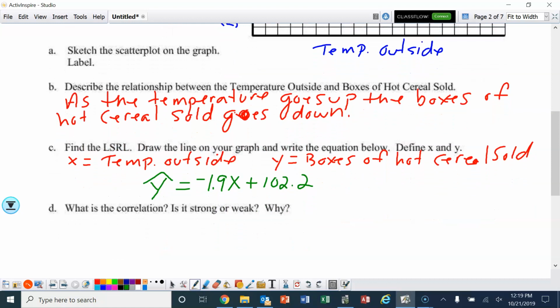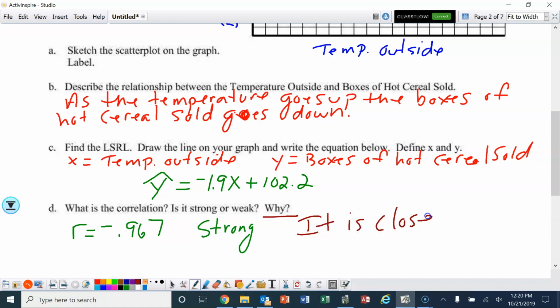Okay, what is the correlation? That is negative 0.967. Is it strong or weak? Strong. Why? It is close to negative 1.